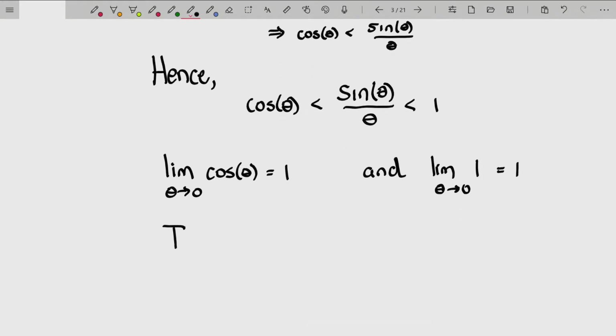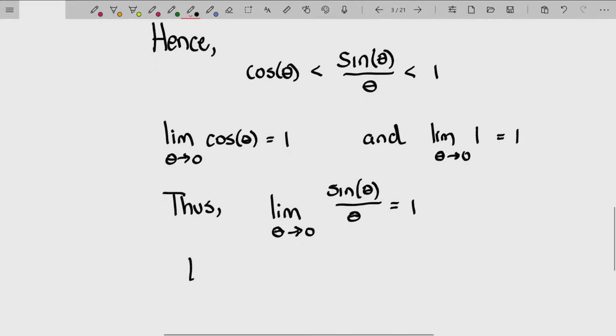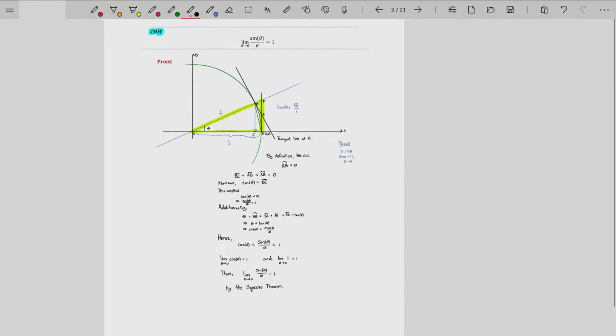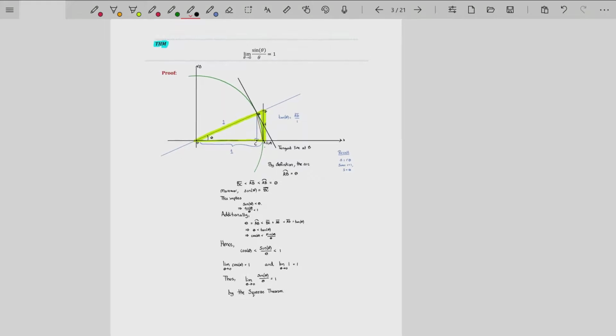Thus, the limit as theta goes to 0 of that central expression must also be 1 by the squeeze theorem. And that is a proof of this theorem way up at the top.